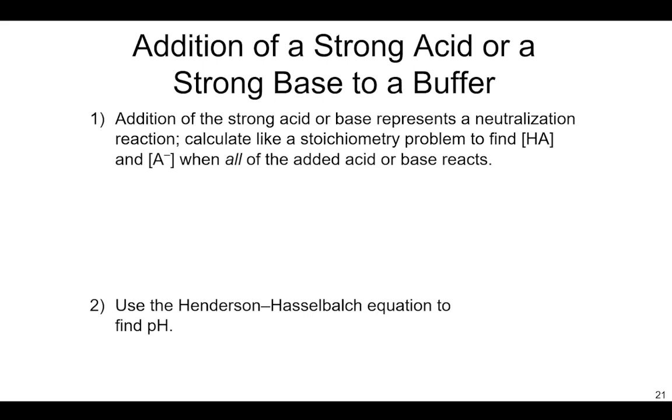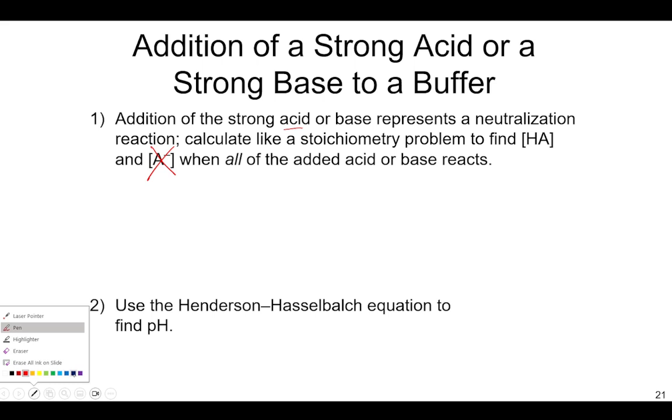Now, the last thing we have to get to here is adding a strong acid or strong base to a buffer and actually calculating how that affects the pH. And there's two steps to this. First, you're going to treat it kind of like an acid-base equilibrium problem and determine what's being added, what it is going to react with, and how that will change the concentrations in the buffer. Right? So if we're adding a strong acid to a buffer, that acid is going to neutralize some of the base.